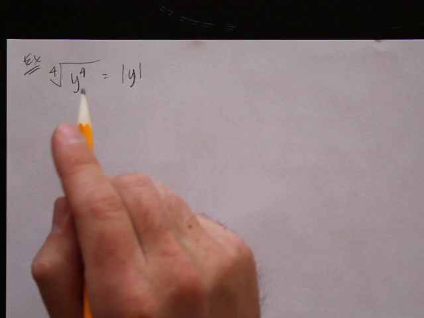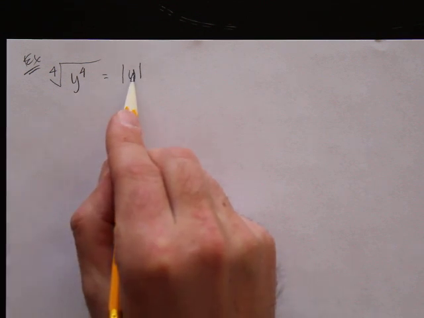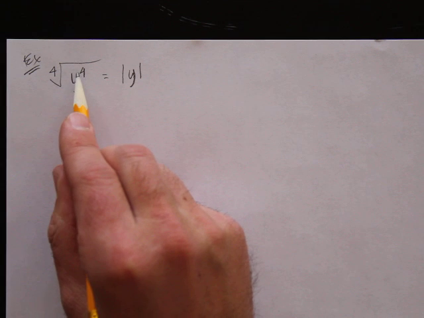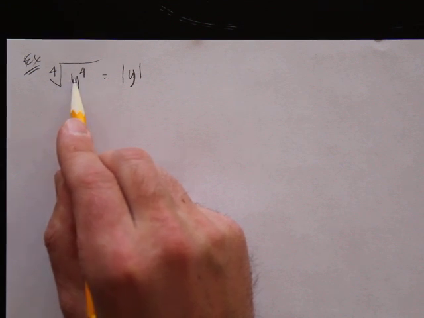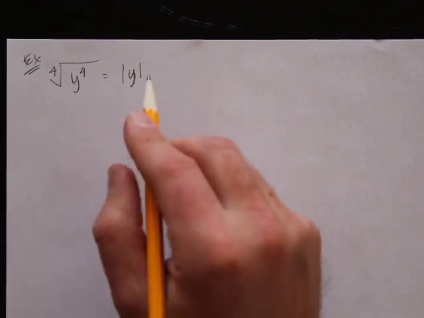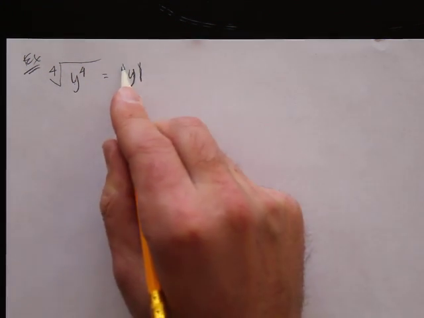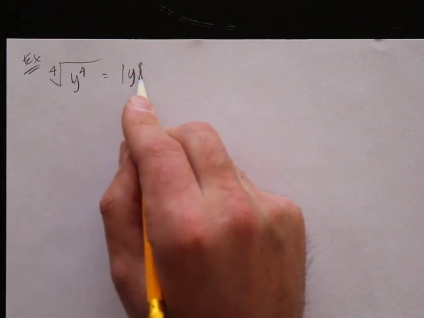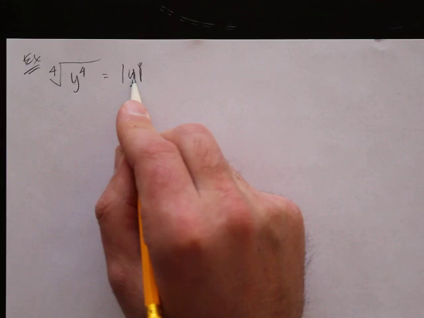Because whatever the number is, it could be negative, or it could be positive. And so we have this possibility. We need to say the absolute value of y is this.